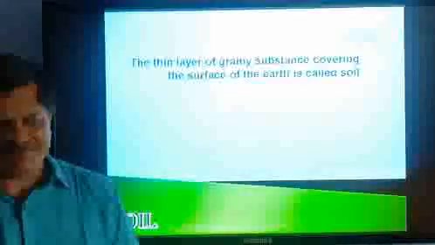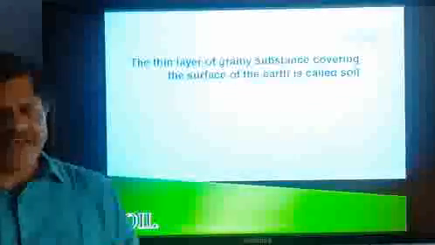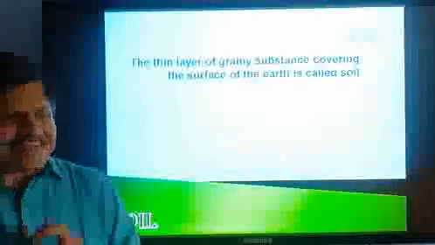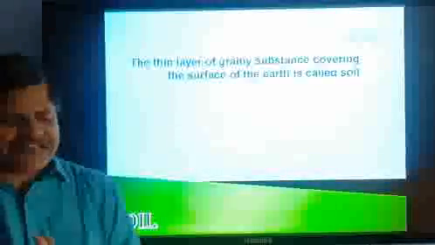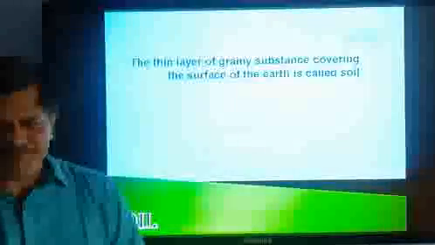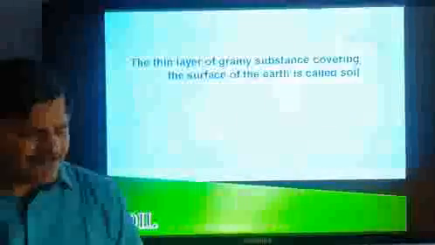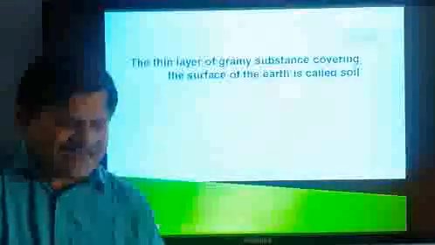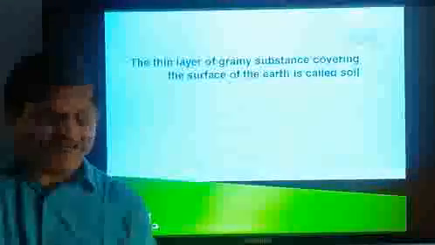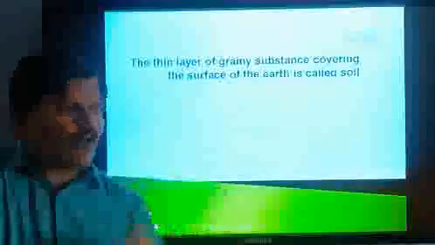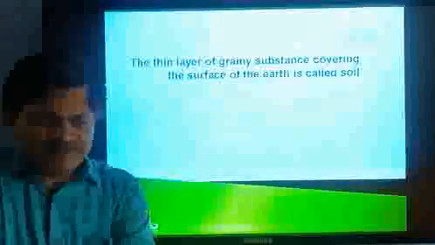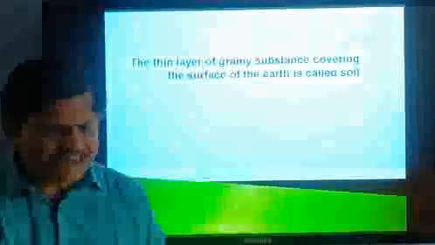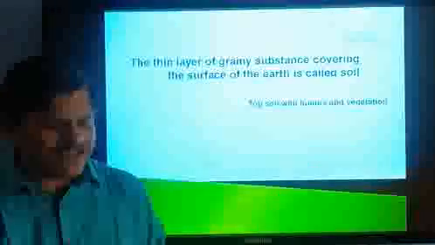That is about 2 to 3 meters, a thin layer as compared to the overall crust, a very thin layer, 2 to 3 meters only. That grainy substance covers the whole land surface, and that is called soil.